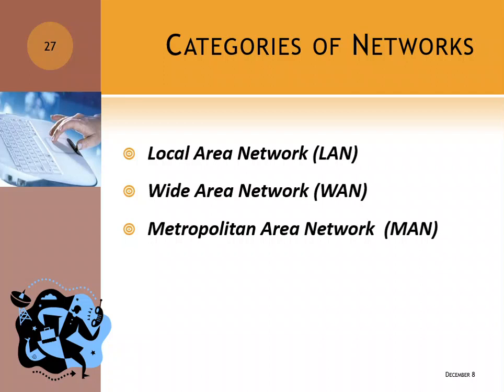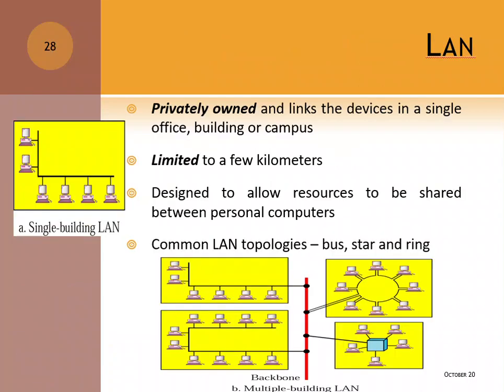Then today the categories of network from the topology. So we have 3 types of network here: local area network, LAN, wide area network, WAN, and metropolitan area network, MAN. So what is LAN? LAN is privately owned and links the devices in a single office, building, or campus.